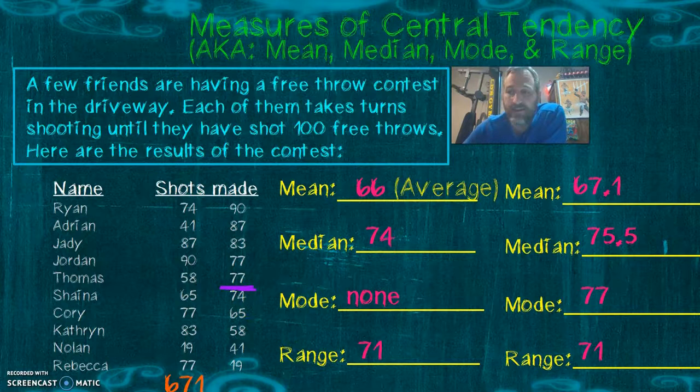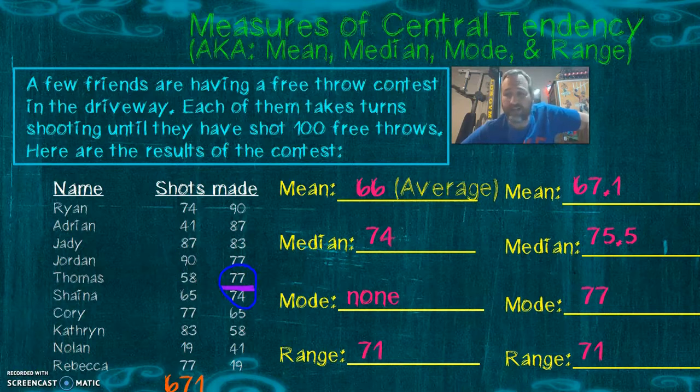So the way to deal with that is to take 77 and 74, add those up, you get 151, right? And then you take 151 and you divide by 2, and that's your new median. So you should get 75.5 for that new median, which is right dead center between the two. Another way of doing it is to say the difference between 77 and 74 is 3, and half of 3 is 1.5. So up 1.5 and down 1.5 would get you at 75.5. That's how you find your median.